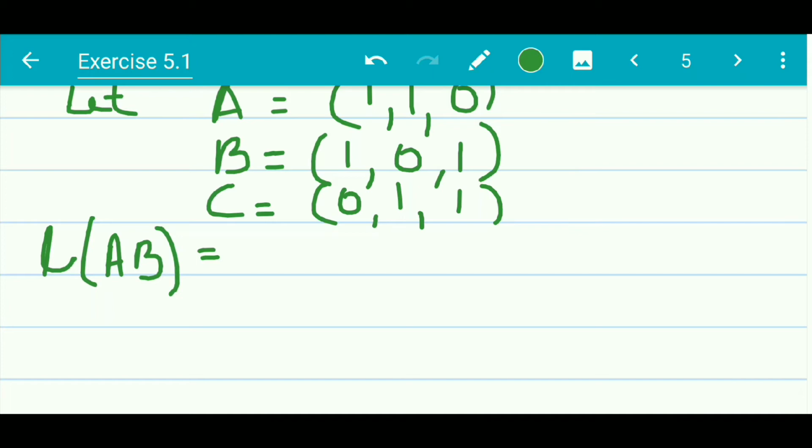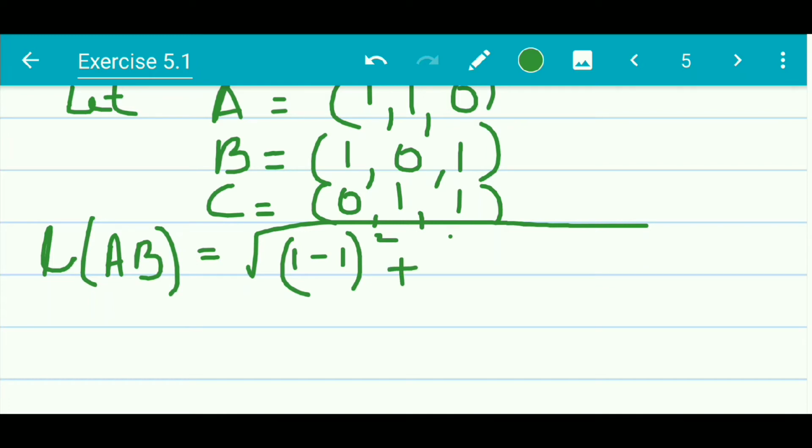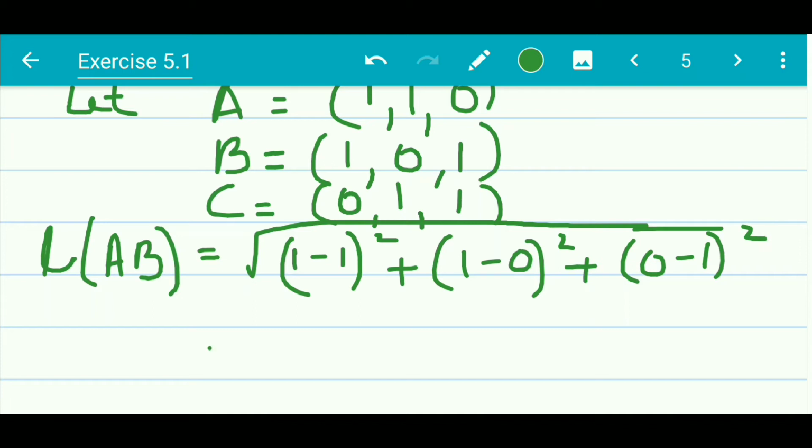So the distance formula here gives length AB as x2 minus x1, that is 1 minus 1 the whole square, plus 1 minus 0 the whole square, plus 0 minus 1 the whole square, which comes out as root of 1 plus 1, which is root of 2. Then we also find the distance, that is length BC.